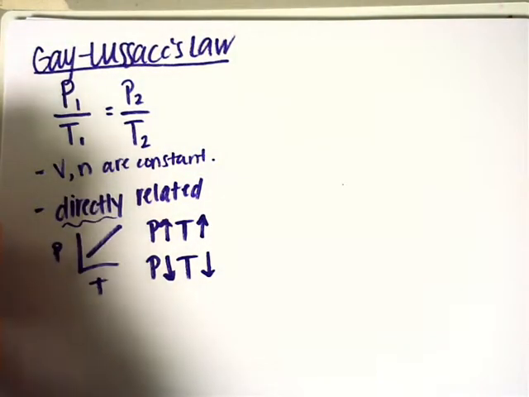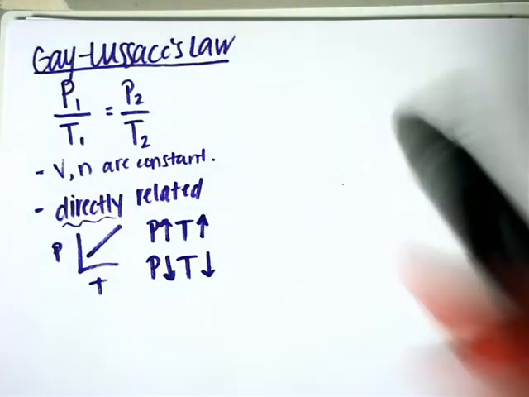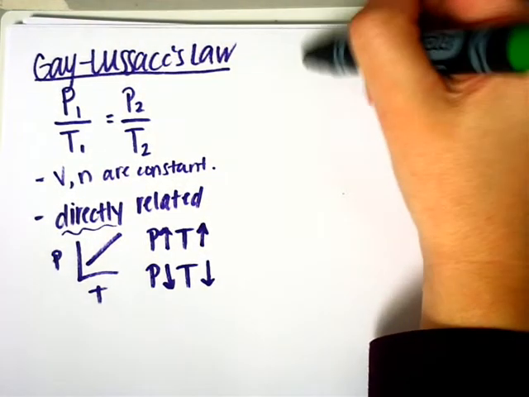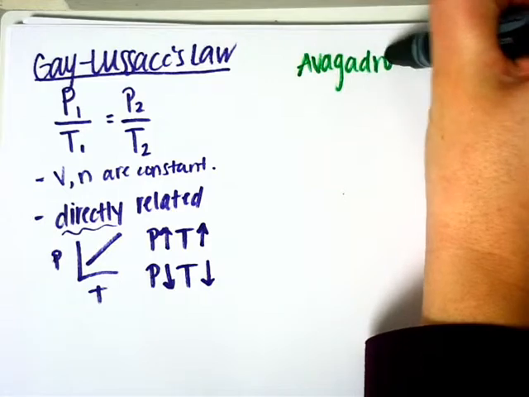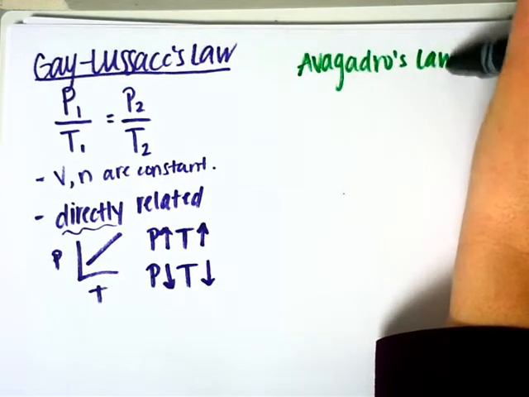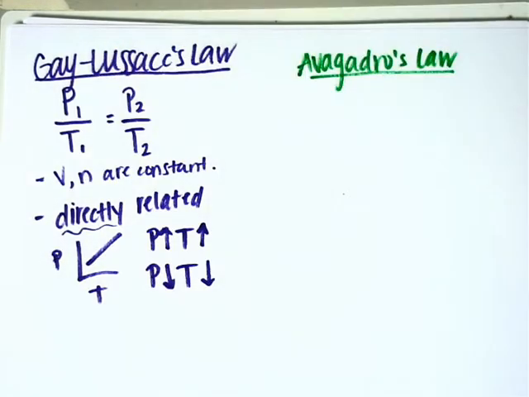So the next law, we'll start you off with the name, and that's going to be Avogadro's. I've heard that name before. Okay, you've heard this name. Where have you heard this name? I don't remember where. Does anyone else remember? What else does he have?